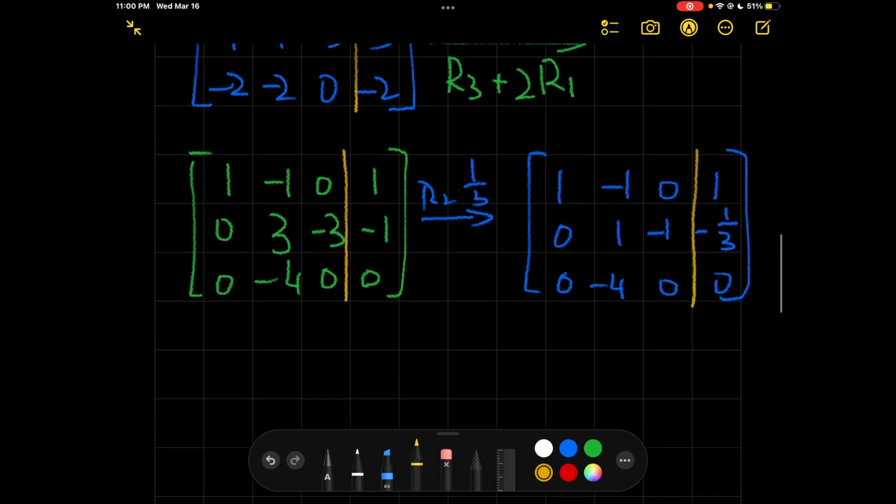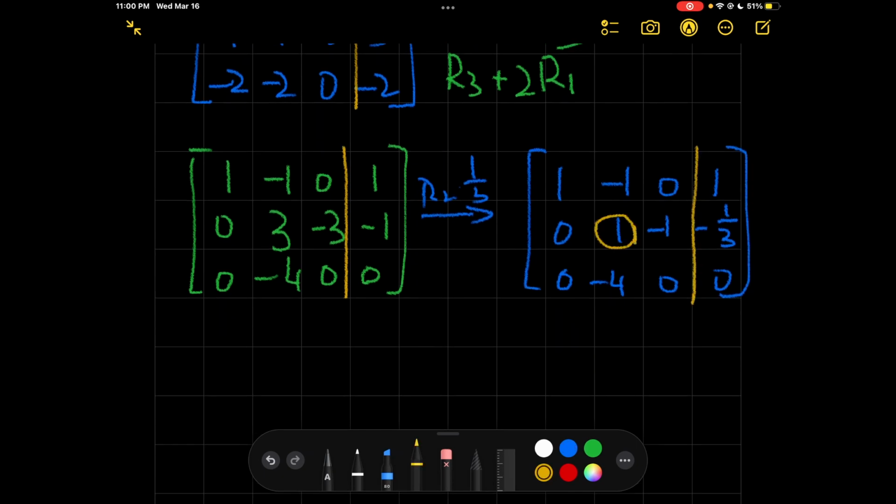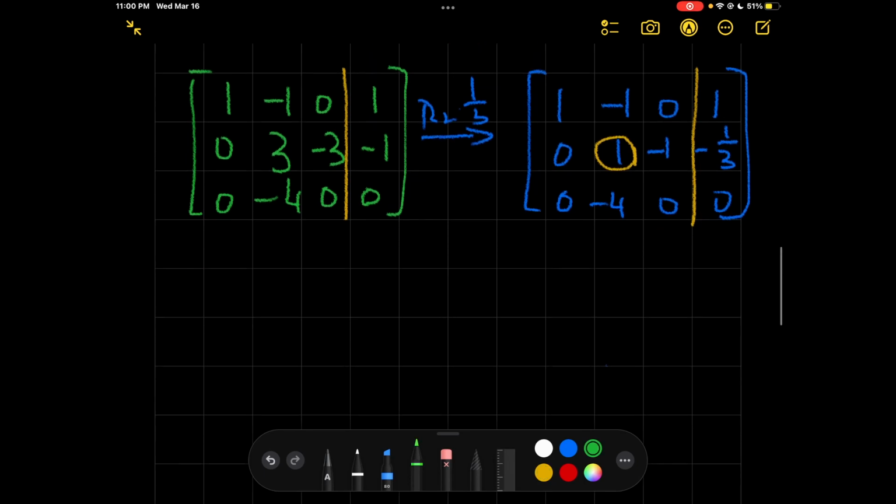Okay, we're using this as a pivot point to knock out the second column. We can do row 1 plus row 2 and row 3 plus 4 row 2.